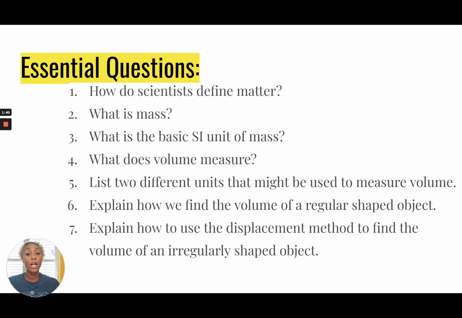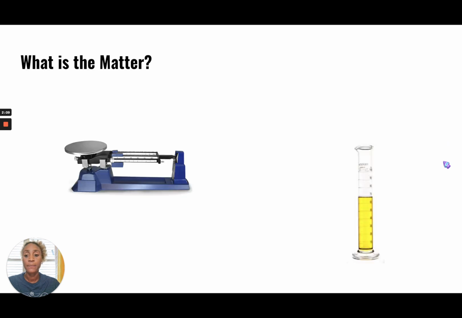What does volume measure? And we're going to look at two different units that might be used to measure volume. Then at the end, we want to explain how to find the volume of a regular shaped object and also how to find the volume of an irregular shaped object using the displacement method. All these we will be doing in our lesson today.